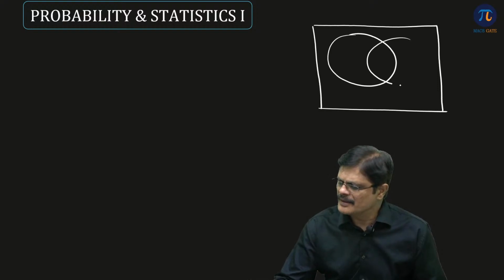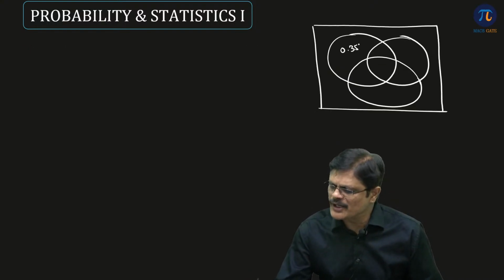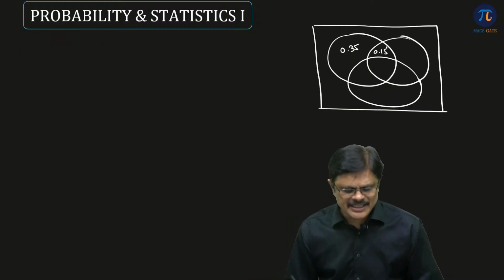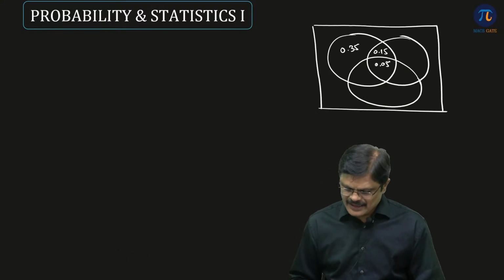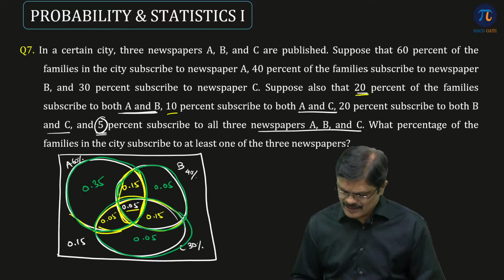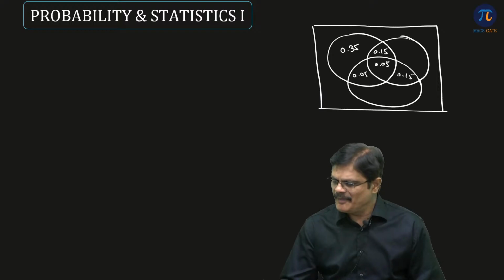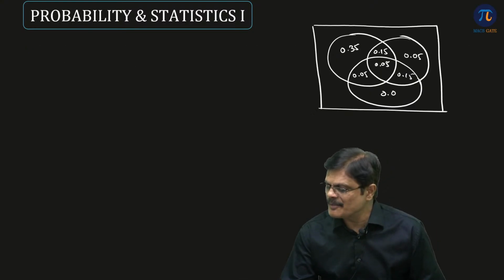A, B and C. If you observe, only A part is 0.35. AB part is 15%, that is 0.15, and ABC part is 5%. AC part is 5%, BC part is 15%, only B part is 5%, and similarly only C part is 5%.